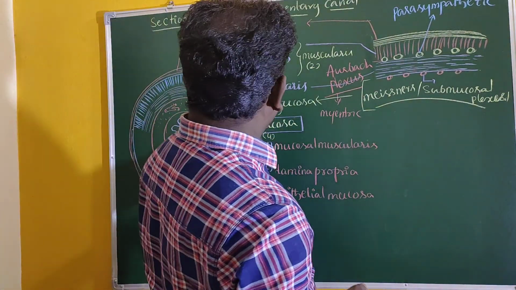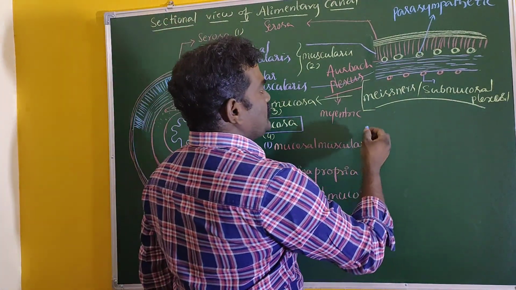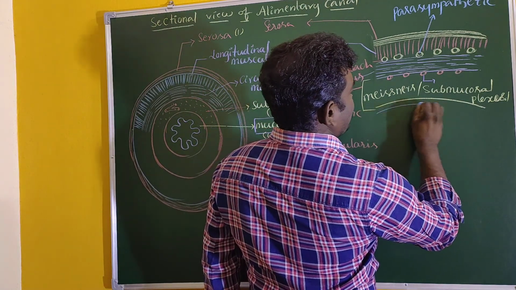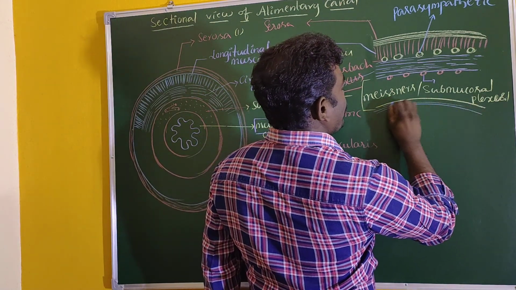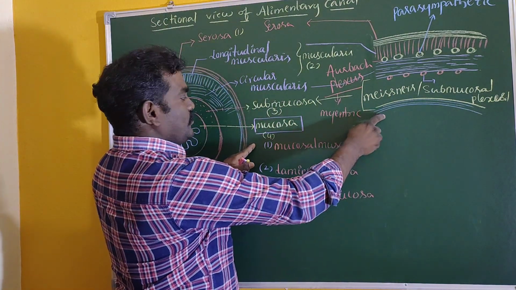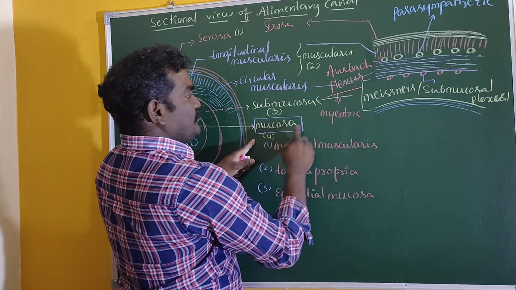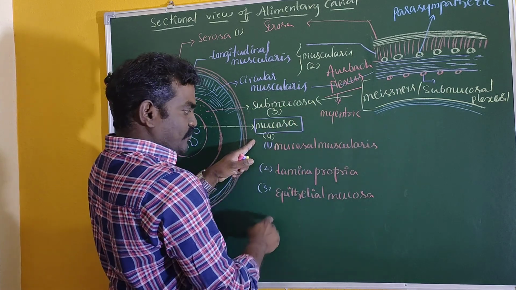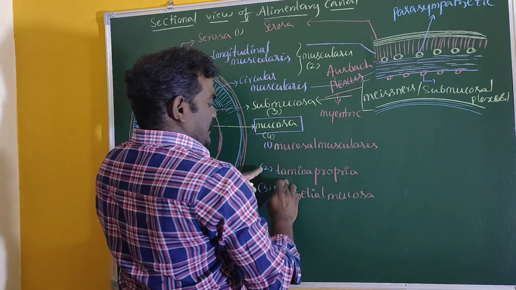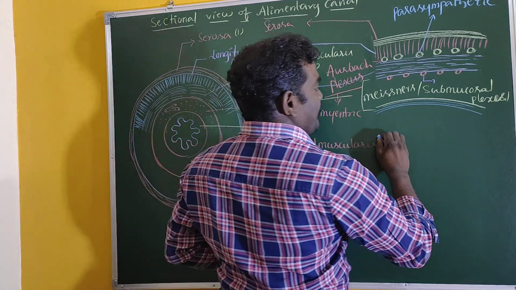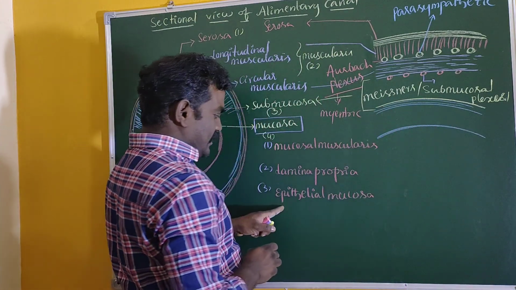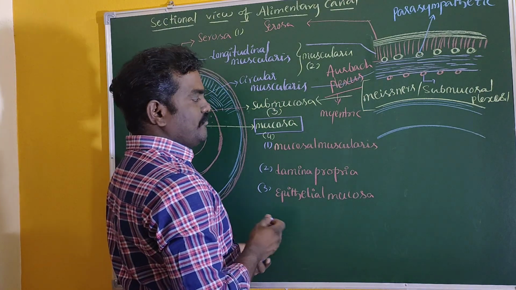Then the 4th layer is mucosa. This 4th layer bears 3 kinds of layers. The first one is mucosal muscularis, the second one is lamina propria, and the third one is epithelial mucosa.